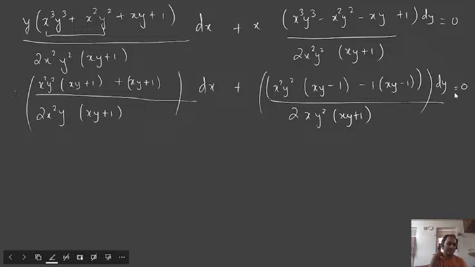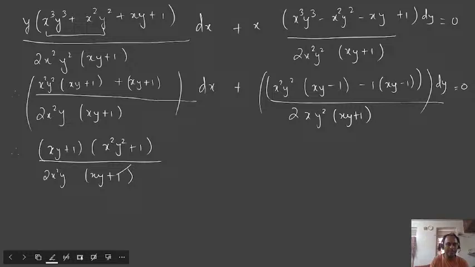So we are now multiplying, and then let us see what happens. Now in the numerator, in the first part (xy plus 1) can be taken common, and I get x square y square plus 1, and there is 2x square y (xy plus 1), which gets cancelled.